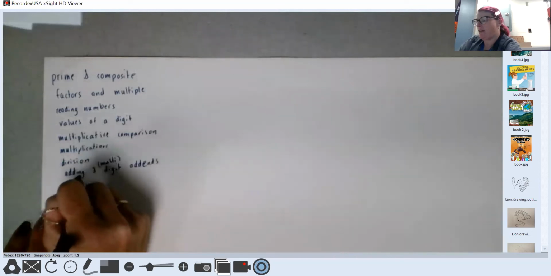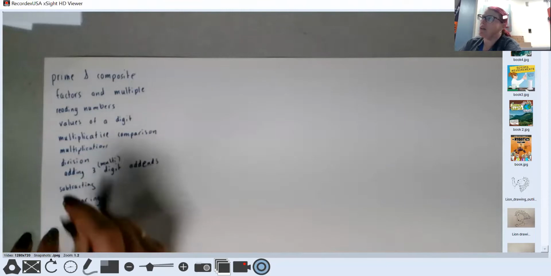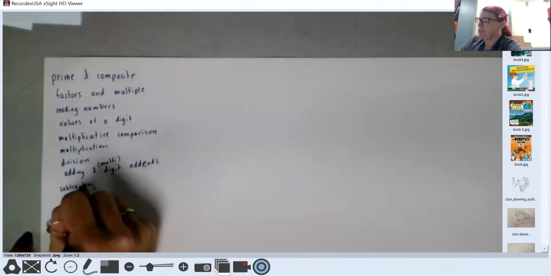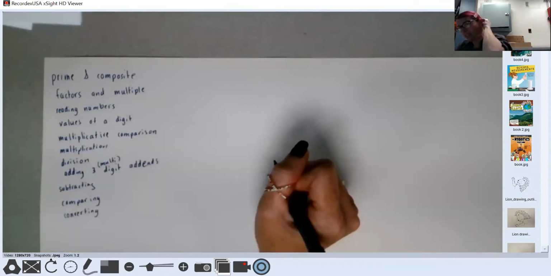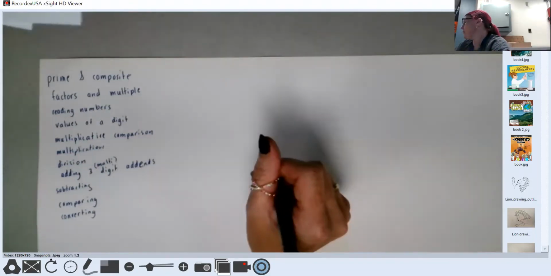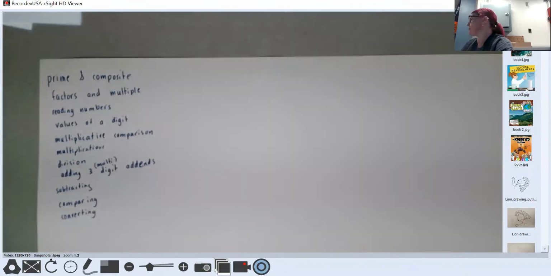Comparing whole numbers and decimals, converting mixed numbers to fractions greater than 1, also converting fractions of tenths and hundredths into decimals. What other topics have we learned? Let me go through my list here.